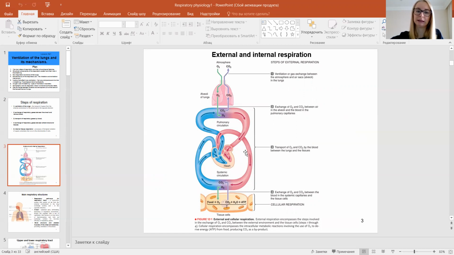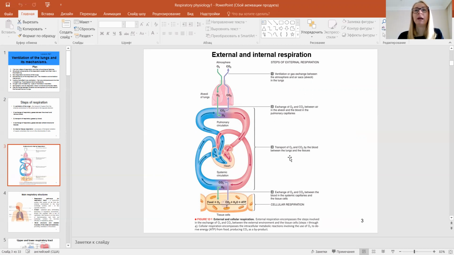So the respiratory system, as you see in this picture, is not the only system that ensures all these steps. It is impossible to perform all these steps without the cardiovascular system, as well as the nervous and endocrine systems, which regulate all these processes.